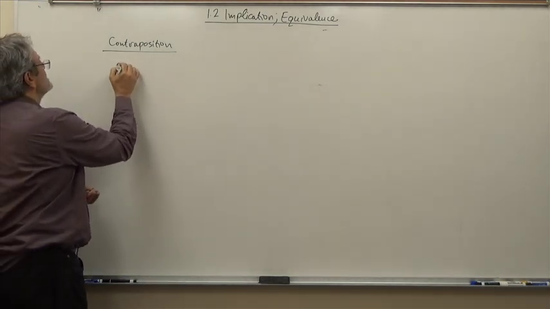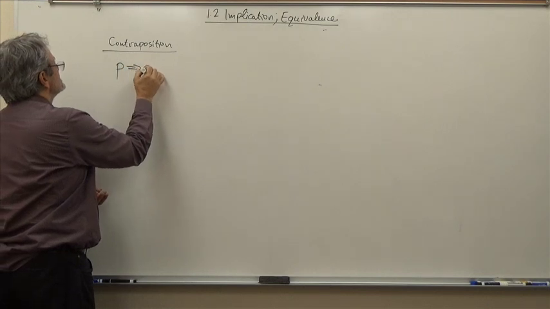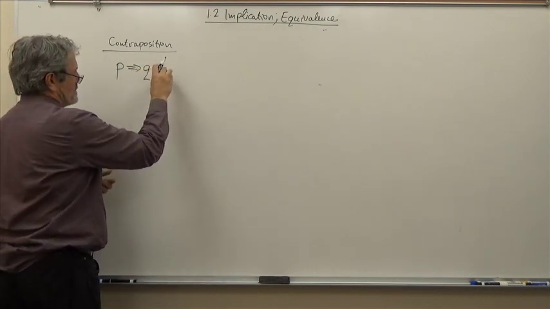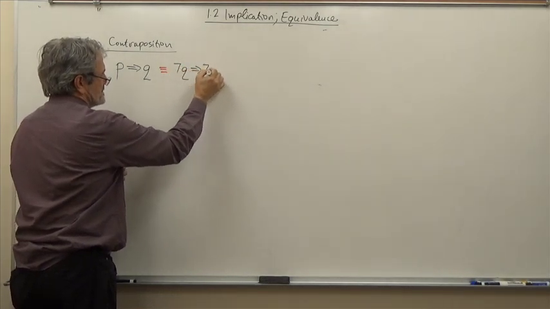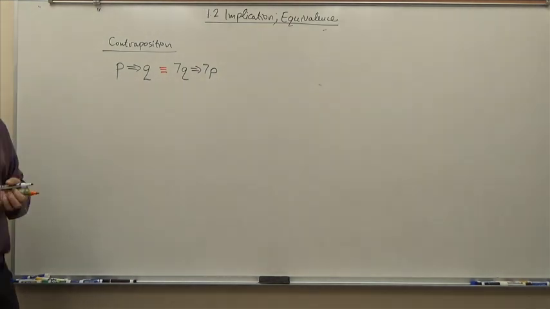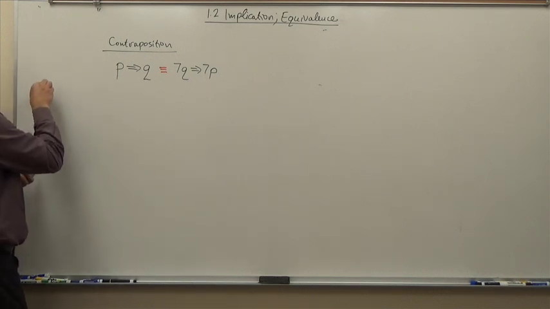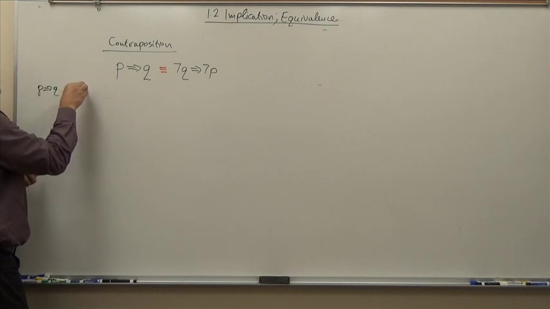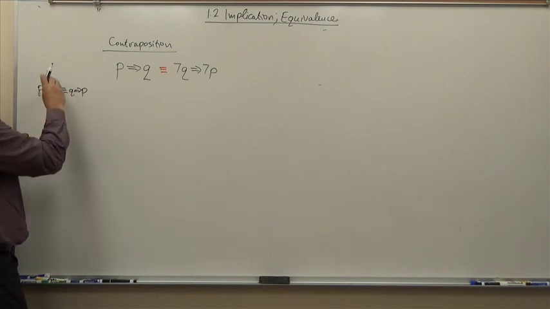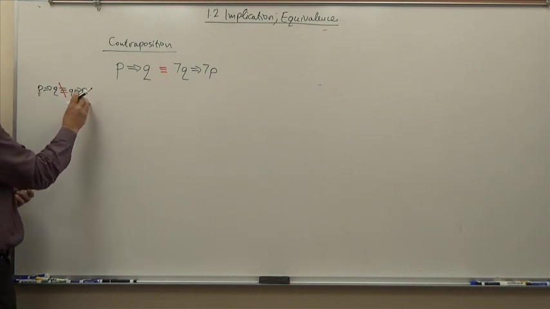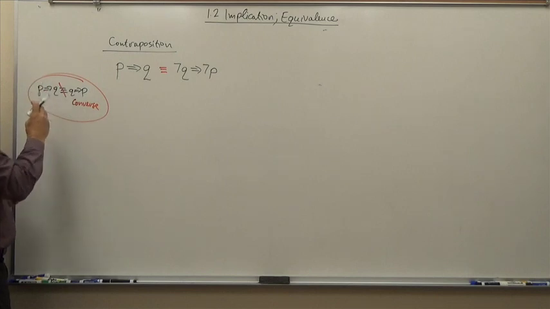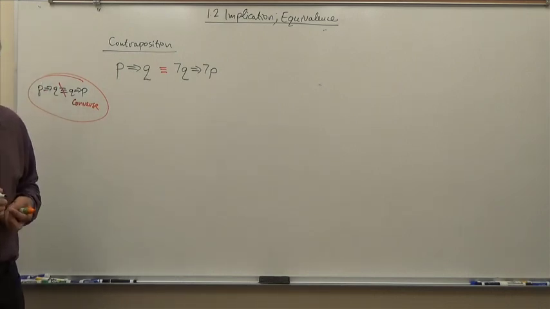It says the following: P implies Q is equivalent to not Q implies not P. It's very easy to see that P implies Q and Q implies P in general are not equivalent. That's called the converse.